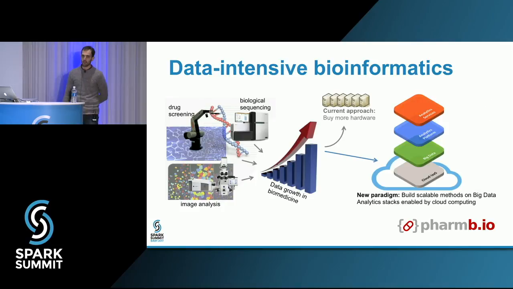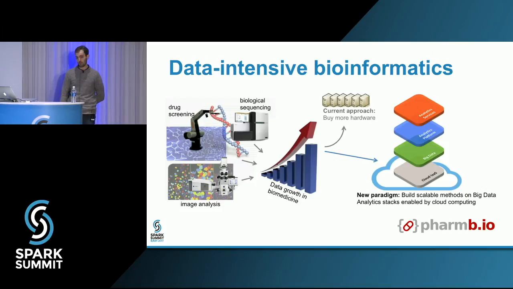And a strong focus of research in the pharmaceutical biosciences department is data-intensive bioinformatics. So basically how to cope with the data growth that we are observing because of high-throughput methods in biology. So for instance, drug screening, sequencing, today there were many sessions about it, and image analysis as well.